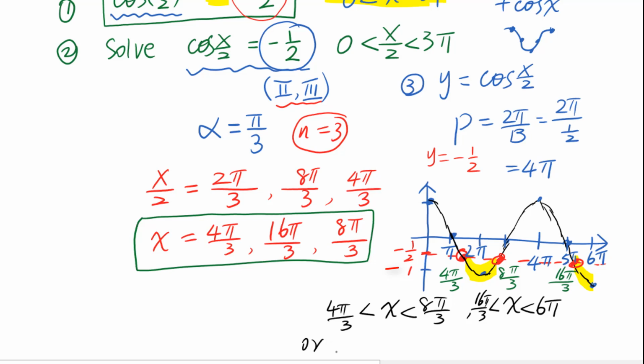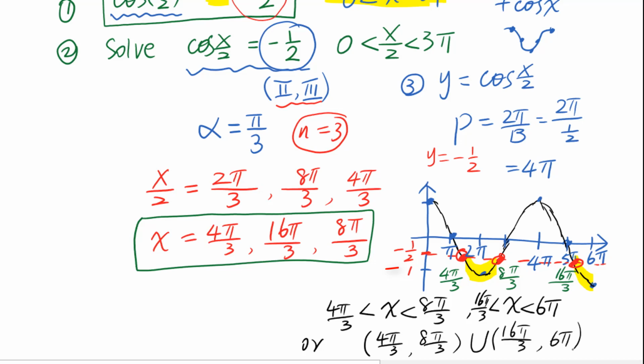Or you can use interval notation. That is open parentheses 4 pi over 3, 8 pi over 3, union with 16 pi over 3, 6 pi.